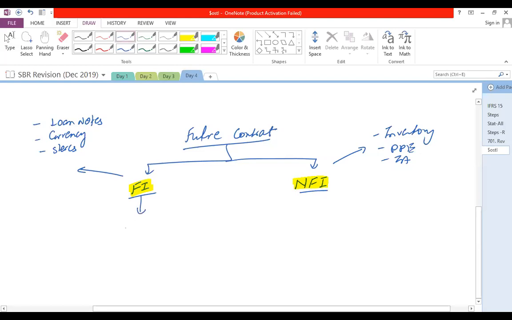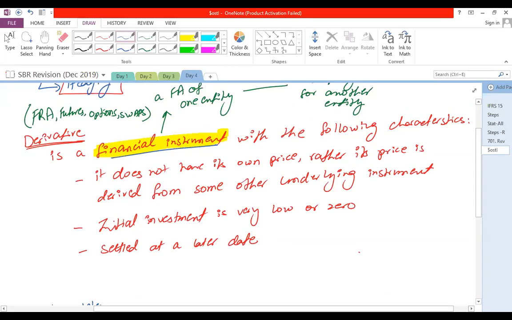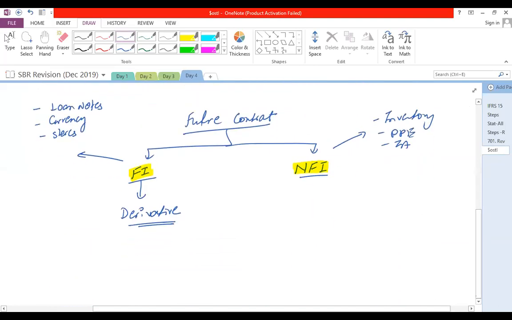If it relates to a financial instrument, we are directly going to call it a derivative, because derivative is a financial instrument. But if the contract relates to inventory or property, plant and equipment or intangible asset or any other asset which is a non-financial instrument, then we have to check whether the contract is going to be settled in cash or in goods.